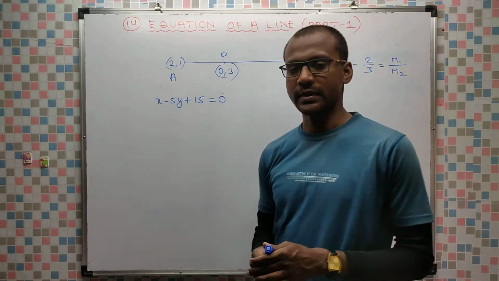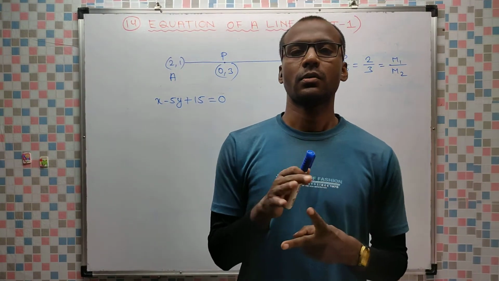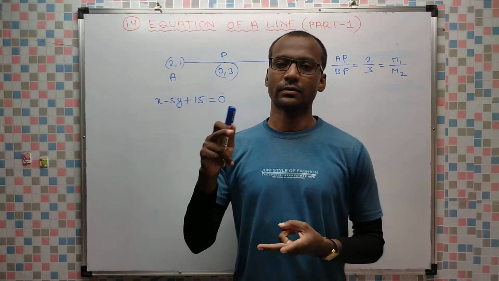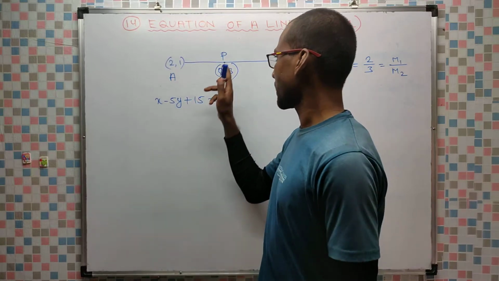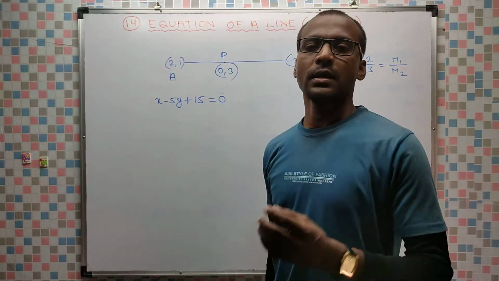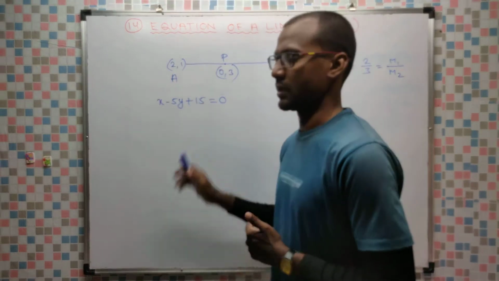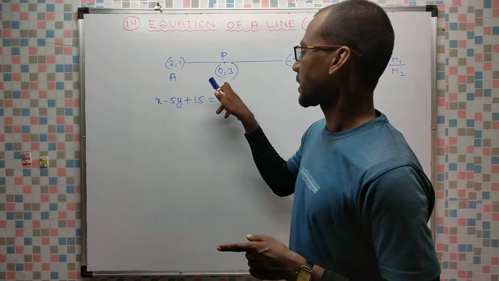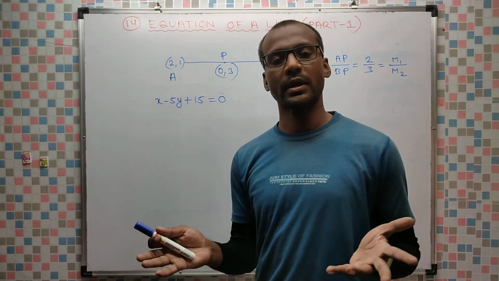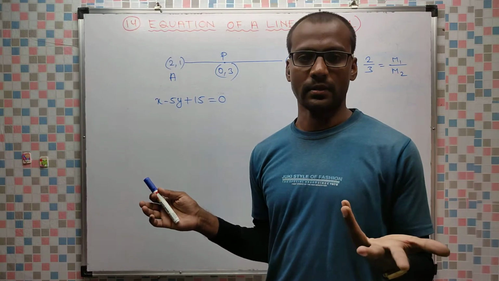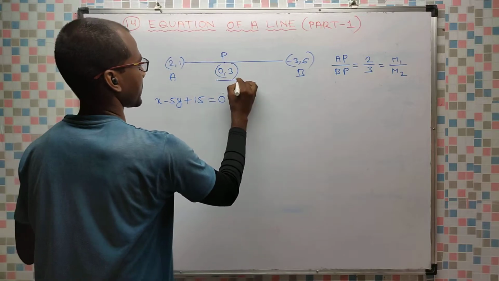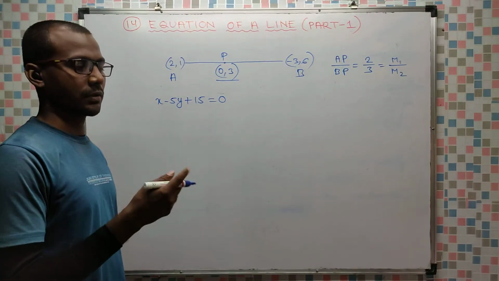Every point on the line satisfies the equation, and every point satisfying the equation lies on the line. If the point P lies on the line, then the coordinates of P have to satisfy the equation. If they do not satisfy, then the point P doesn't lie on the line, or the line doesn't pass through the point P.